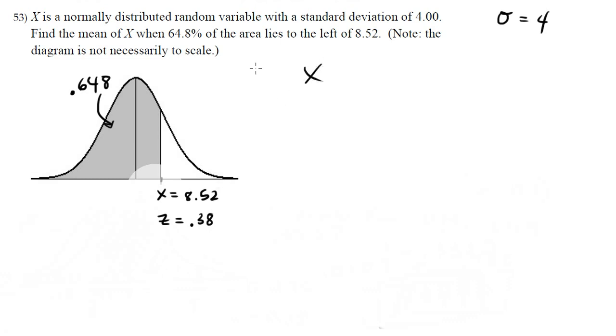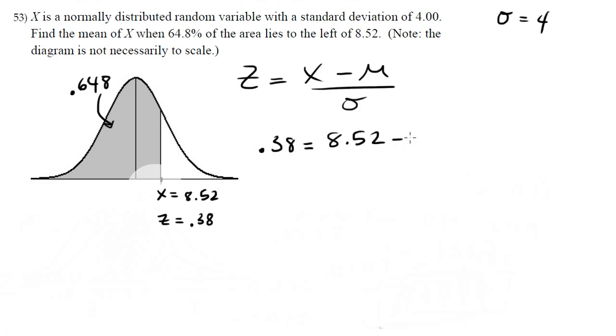So if I think about this formula, z equals x minus the mean divided by the standard deviation, I've got 3 parts to solve for the fourth. I know z. I know x. I don't know the mean. That's what I want. Divided by 4. So I'm going to solve this the same way.